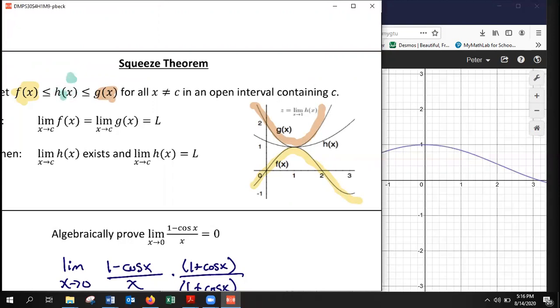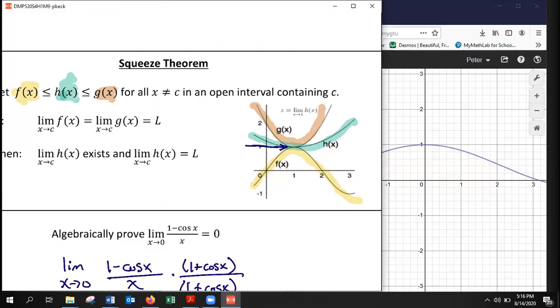Well, in order for me to figure out what the limit of h is, as long as f and g contain h everywhere along a set interval, then if the limit of the top one ends up being L, and let me see if I can show it to you. If the limit of the top function is L and the limit of the bottom function is also L, any function in between will also approach L at the same time. In this case, it looks like our limit's going to be 1 for f, our limit is 1 for g. Therefore, if h is in between, then that limit is 1 as well.